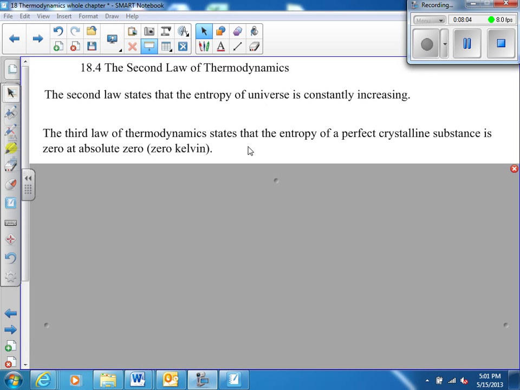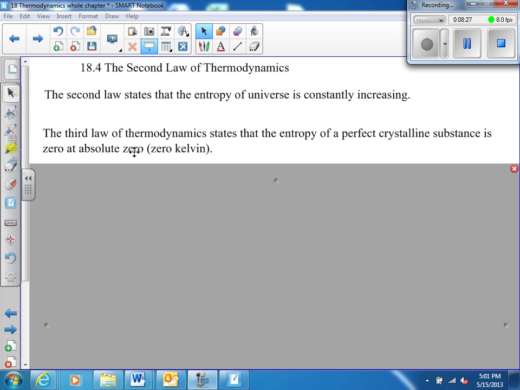This is just summarizing some things that have already been stated. The second law states that the entropy of the universe is constantly increasing. The third law states that the entropy of a perfect crystalline substance is 0 at absolute 0. So entropy has an absolute scale. At 0 Kelvin, absolute 0, particles are not even moving.